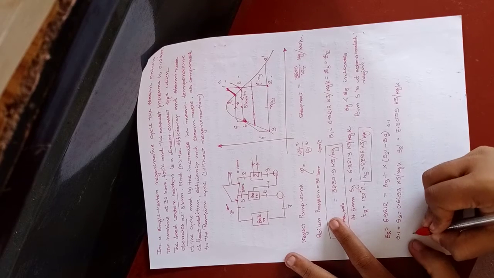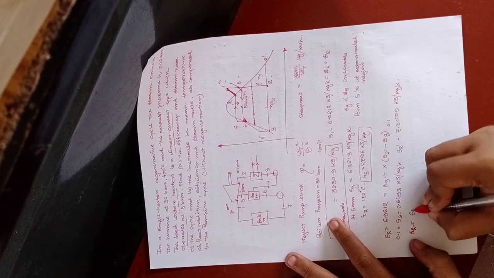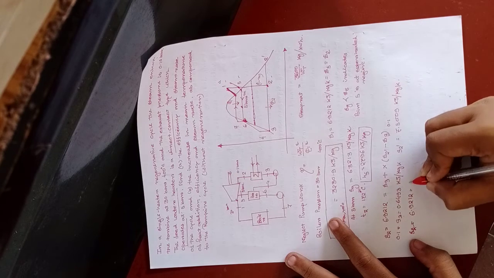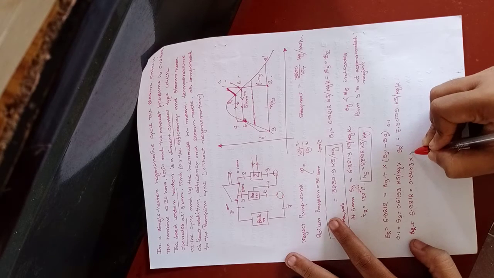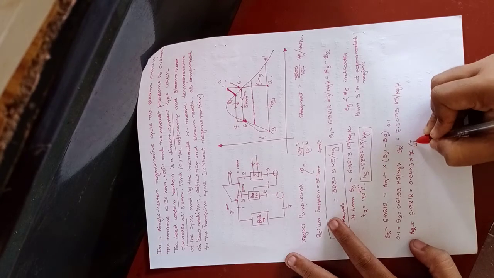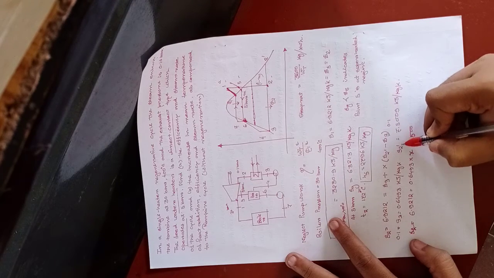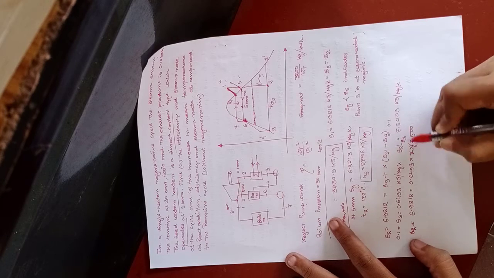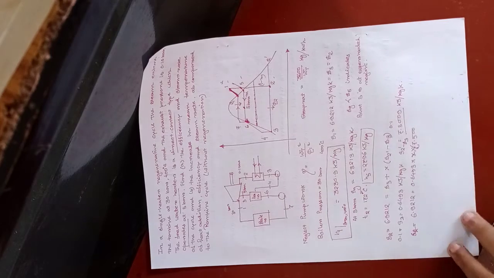So if we put all these values in the equation, we will get 6.9212 equal to 0.6493 plus x into (7.5009 minus 0.6493), just like this.